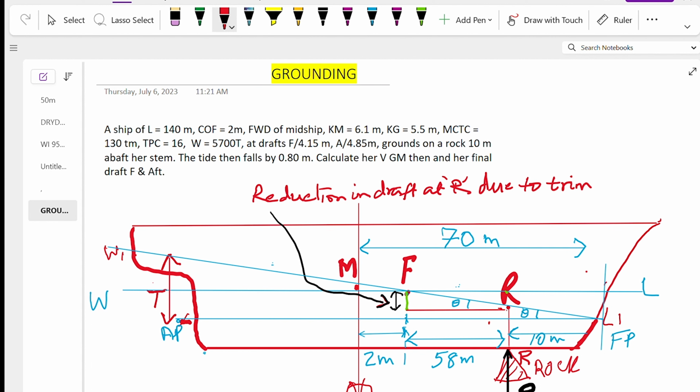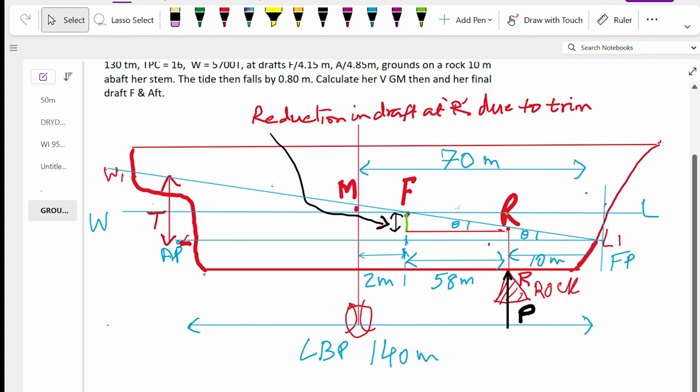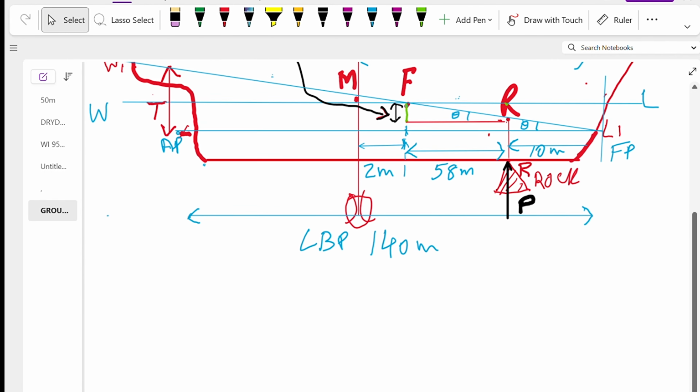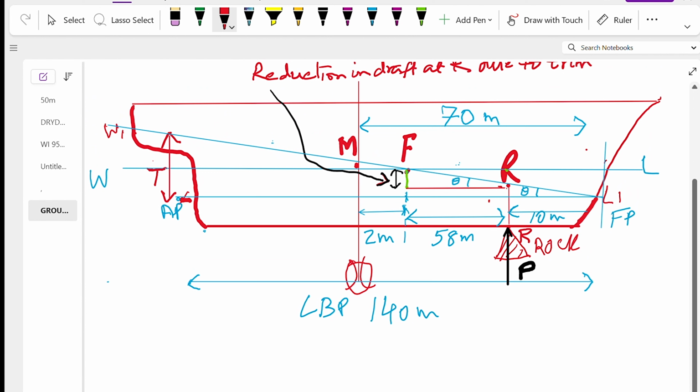So what will be the change in the draft at this position? Let's see. Fall in tide will be equal to the change or reduction in draft at this location R where the ship is grounded.